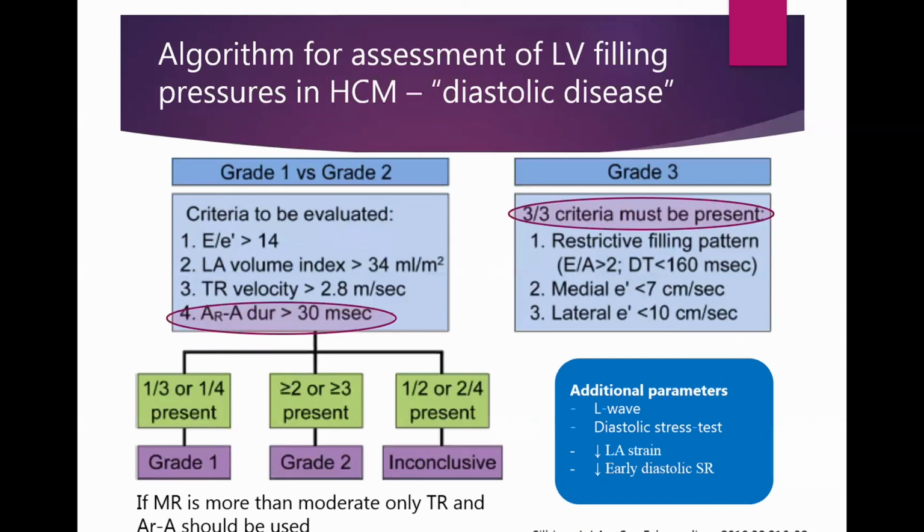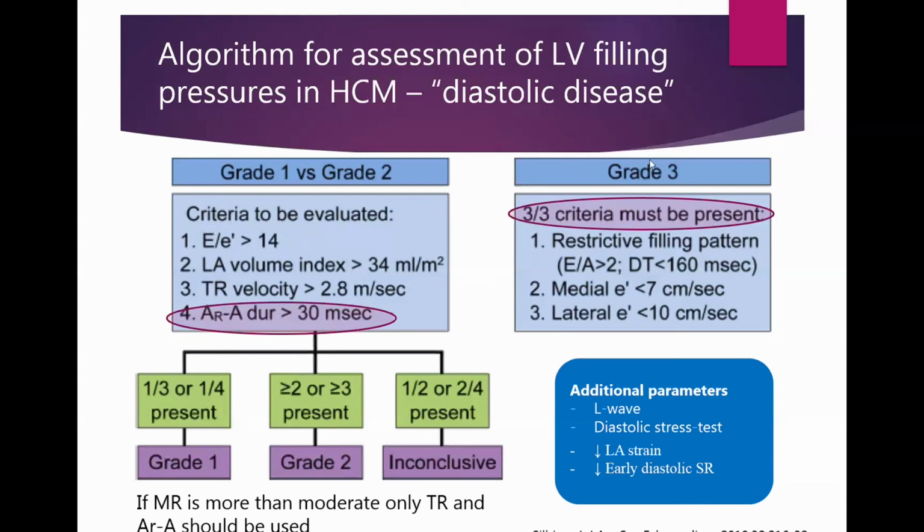Hypertrophic cardiomyopathy is a diastolic disease and a prototype of heart failure with preserved ejection fraction, diastolic heart failure. But the assessment of diastolic dysfunction is, in fact, very difficult.